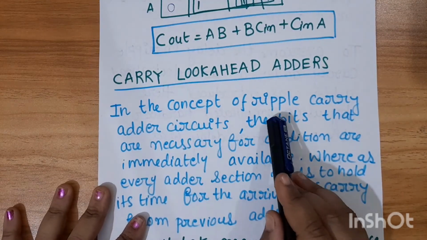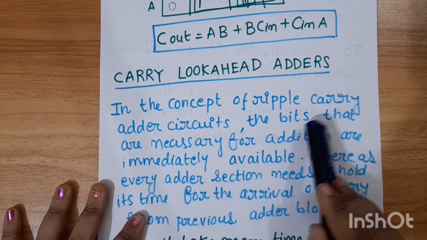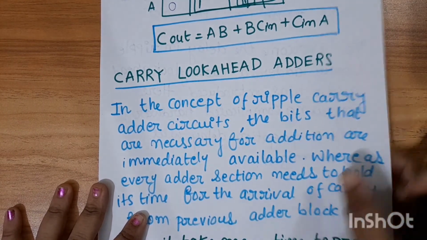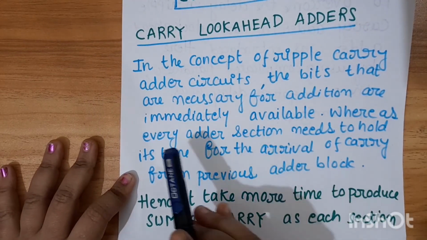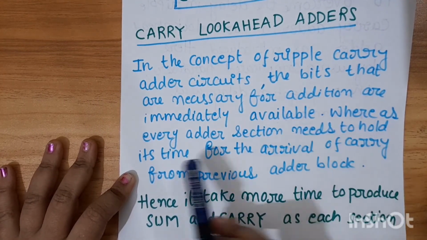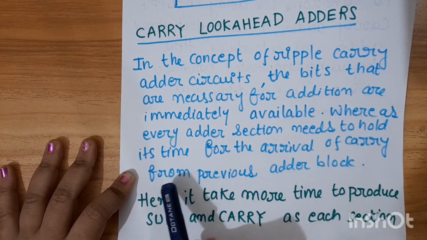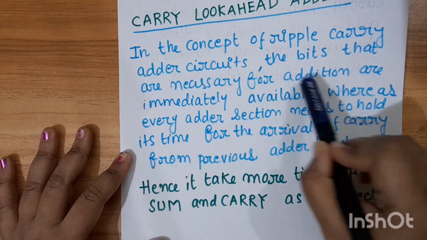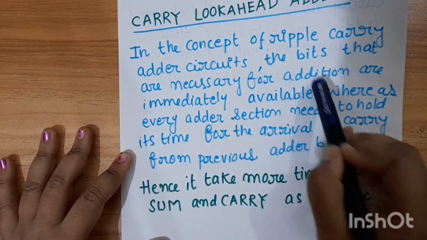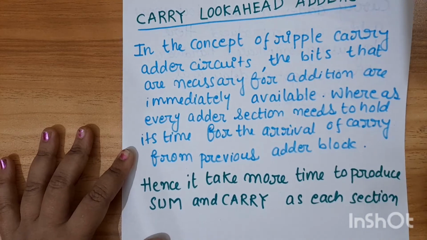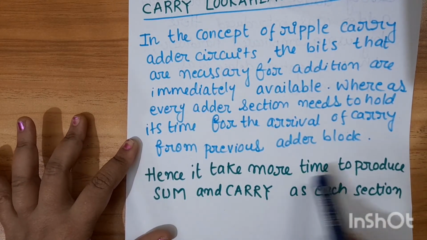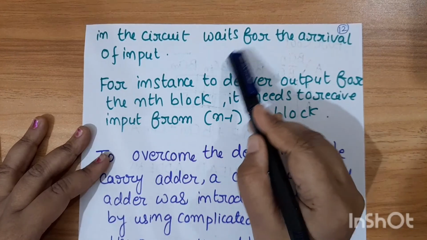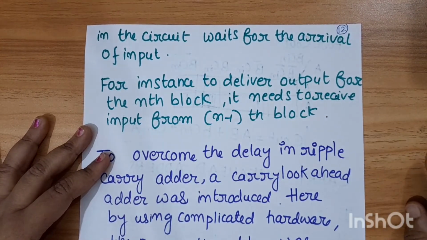In the ripple carry adder circuit, the bits necessary for addition are immediately available, whereas every adder section needs to wait for the arrival of the carry from the previous adder block. So that is what I spoke. A and B inputs are already available, but we have to wait for the Cin. Hence, it takes more time to produce sum and carry as each section waits for the arrival of the input.